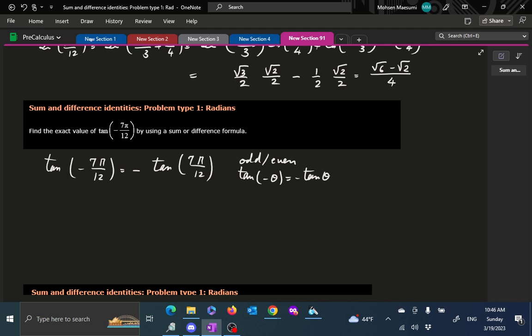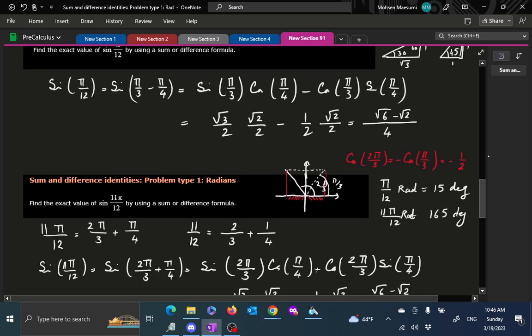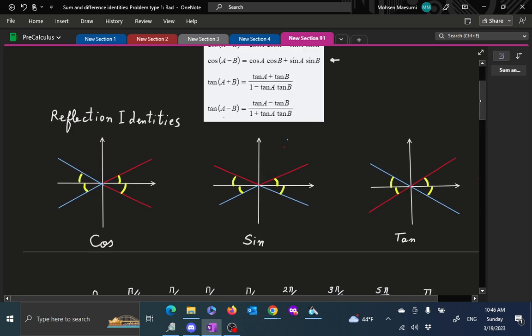So if I have an angle theta, and I have another angle minus theta, these are reflections of each other in the x-axis, and that falls under the category of reflection identities for tangent.